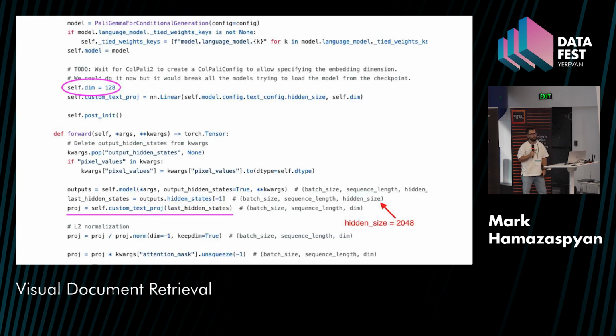Okay, and just another thing. Usually when we talk about embeddings, they output an embedding dimension. And for bi-encoders, not the late interaction models, we usually have an embedding with quite a big hidden size. In this case, the hidden size is 2048. For normal retrieval models, that is okay because we just store one embedding of this size.